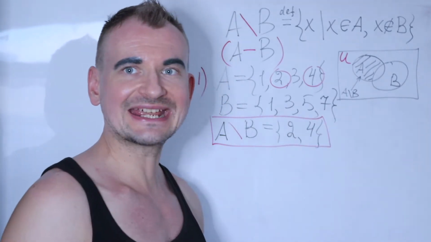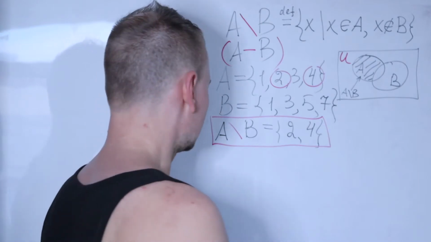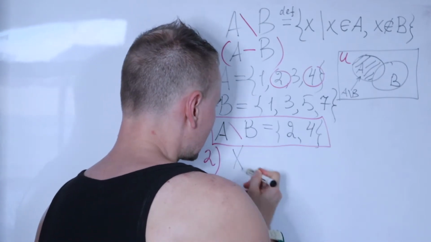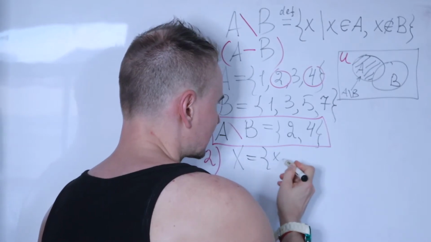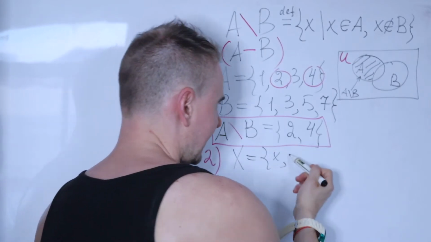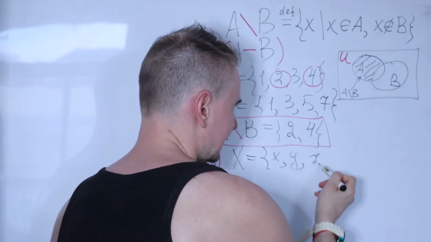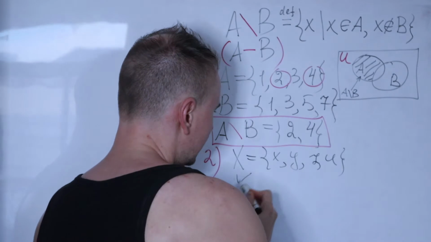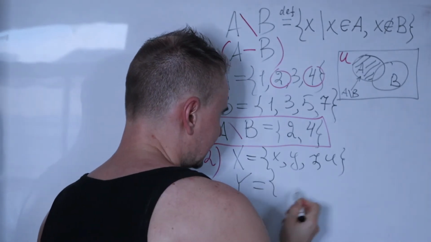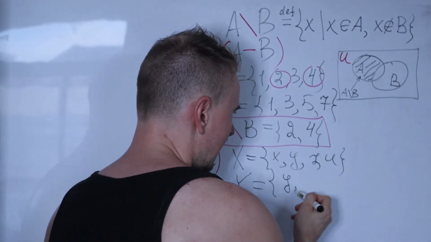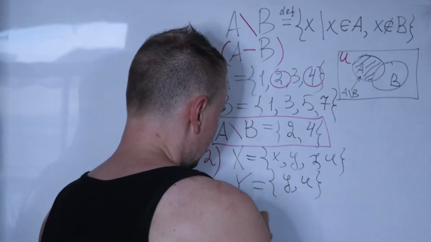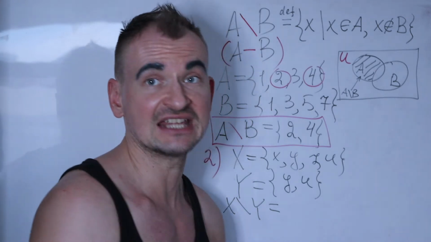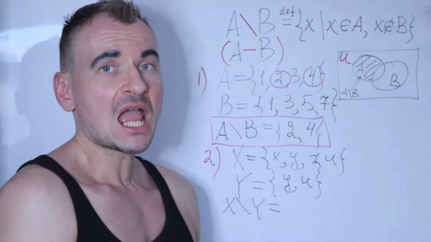Now, let's take a look at another example. Suppose you are given the set X containing the following elements: x, y, z, and u, and you are given capital Y set containing the elements y and u. So what is the difference between X and Y?